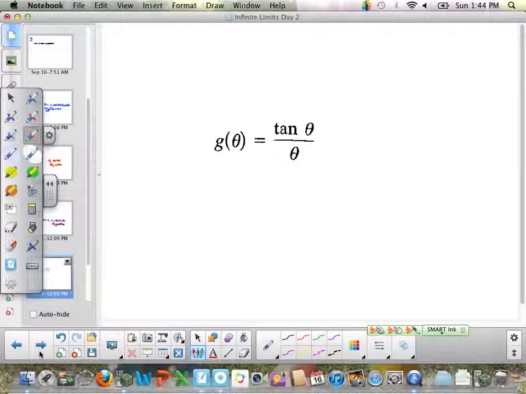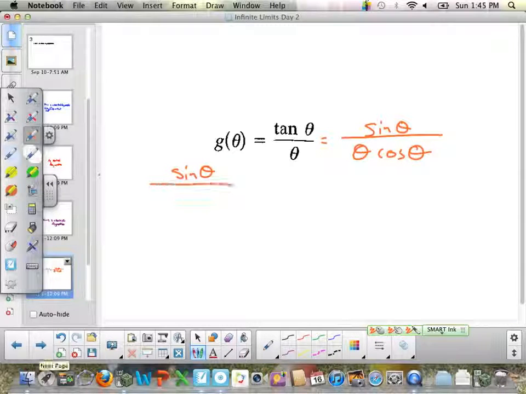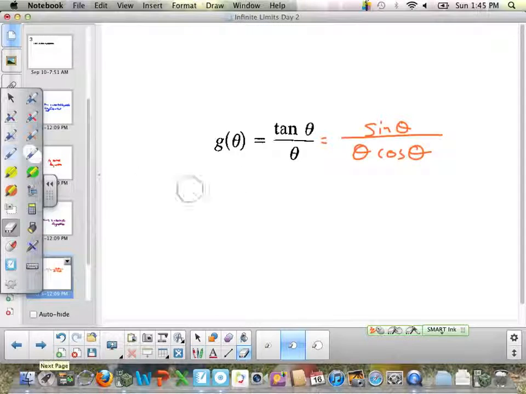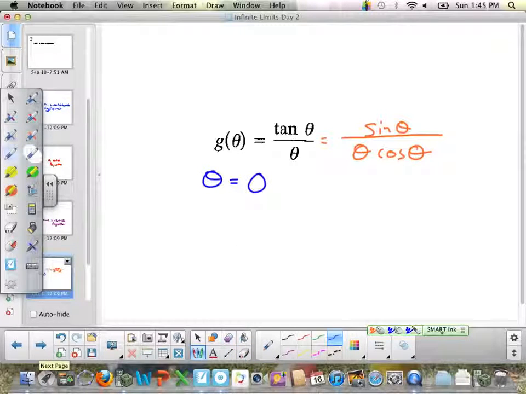All right, let's rewrite this. Tangent is the same as sine over cosine. Okay, where is the bottom equal to 0 here? At cosine theta equals 0.